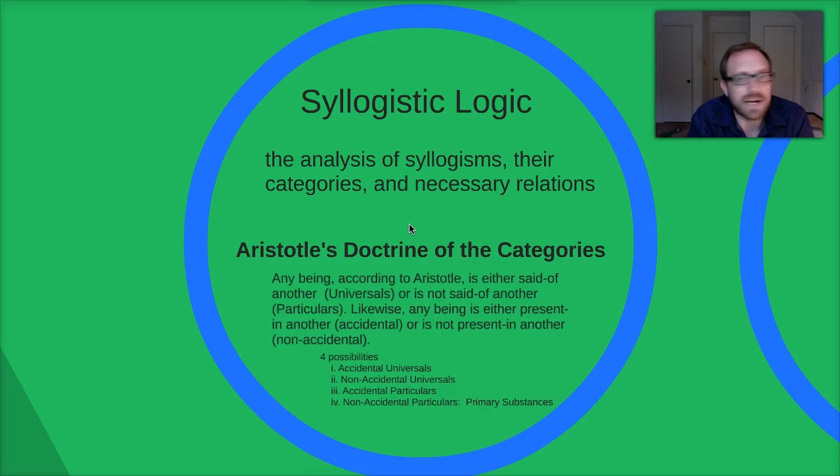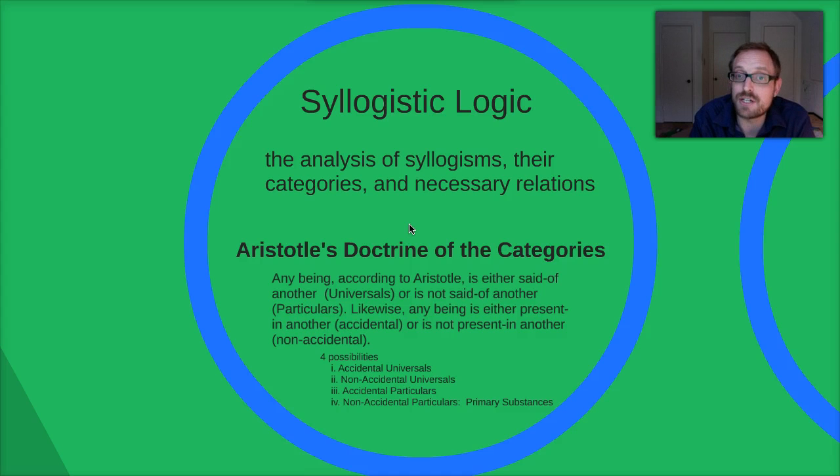So I'm not going to go through what all that means, but you can see here, this looks very much like what we've been working on in our course, in terms of what we've been calling universal affirmatives, universal negatives. We have slightly different language here, because ultimately we would have to unfurl the Aristotelian language and the way he discusses it to make full sense of the doctrine of the categories.